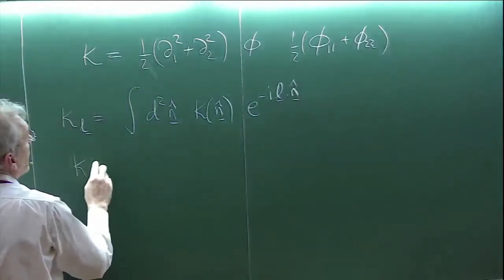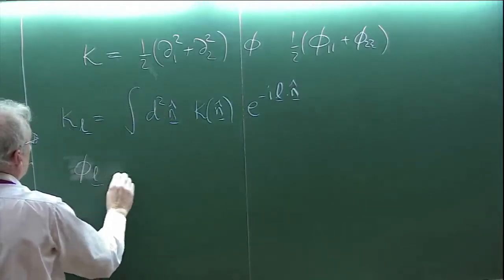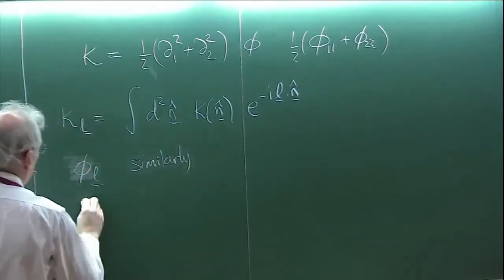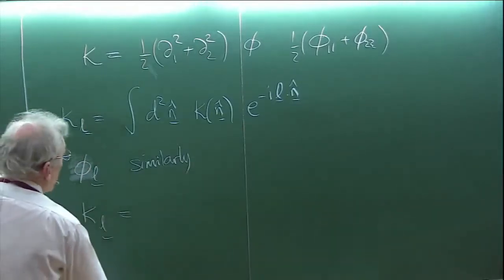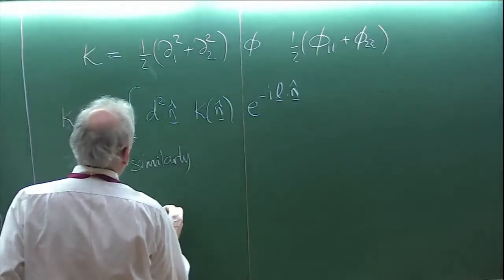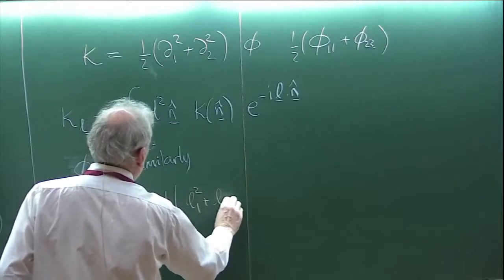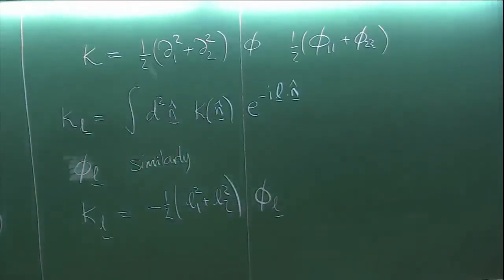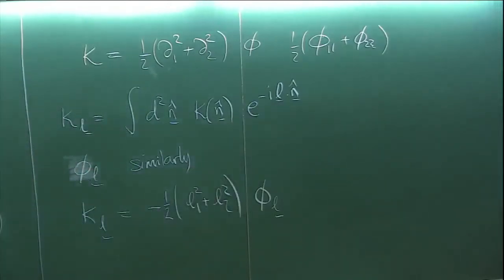and similarly for phi, then kappa L is related very simply to phi L by being minus 1/2 L1 squared plus L2 squared times phi L, the usual. So each d by dx1 brings down a minus i L1.